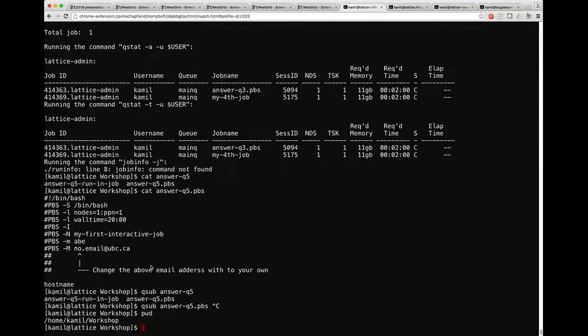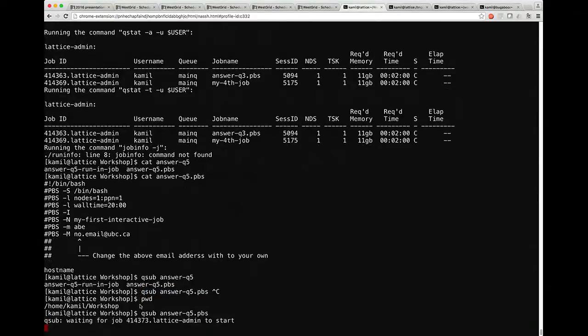By the way, notice which directory you are in right now when you do this. Submit the job. Right now, it's waiting to start. It's looking for resources to actually start.